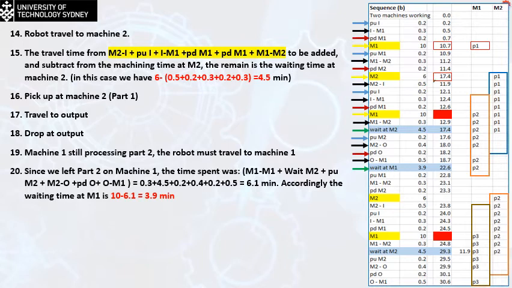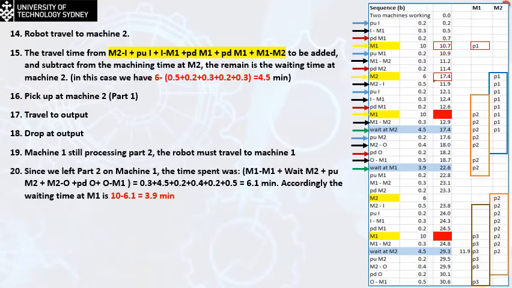Let's make it 5.4. Putting down at the output 0.2. And then we have to travel back to machine number 1, and this will make it 6.1 minutes spent since we left part number 2 at machine number 1. So the waiting time is going to be 10 minutes minus 6.1, and this will give us 3.9 minutes.